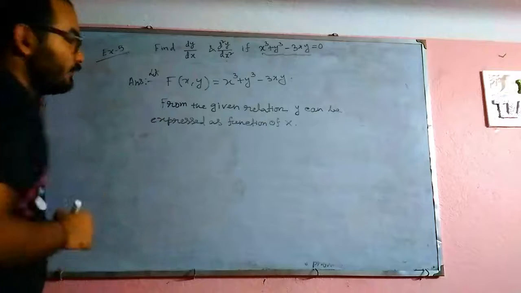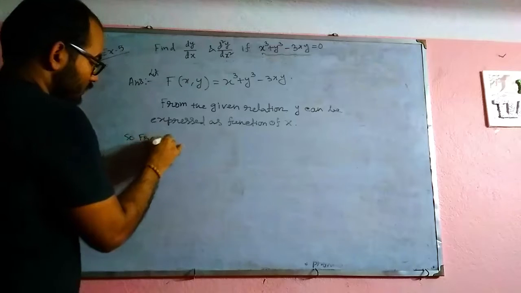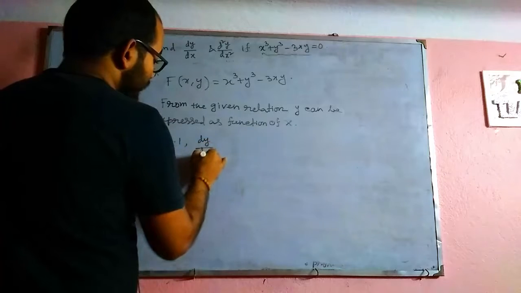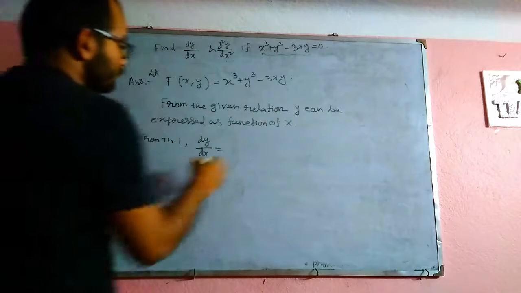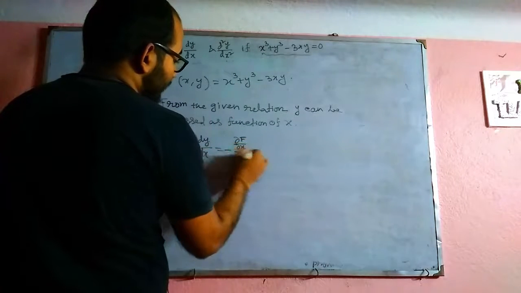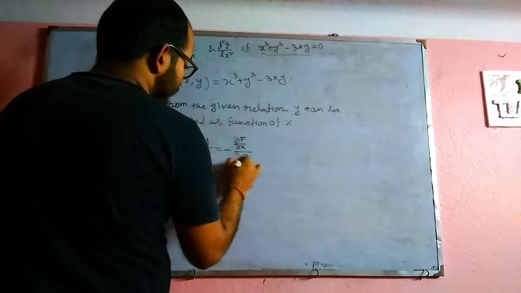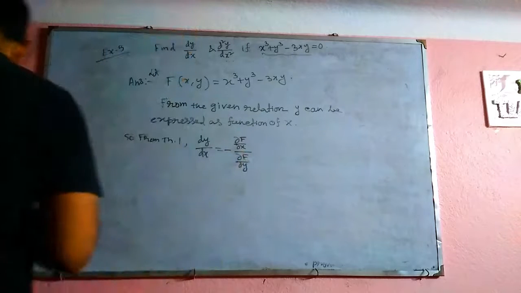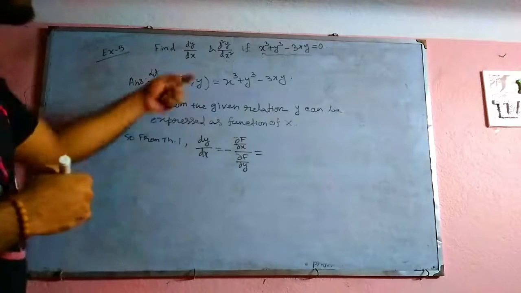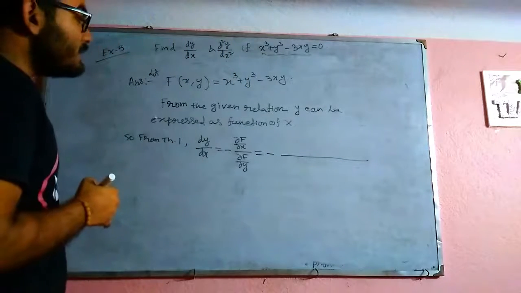So from theorem 1, dy/dx is equal to minus del f/del x by del f/del y. So here f is this, and what is del f/del x?